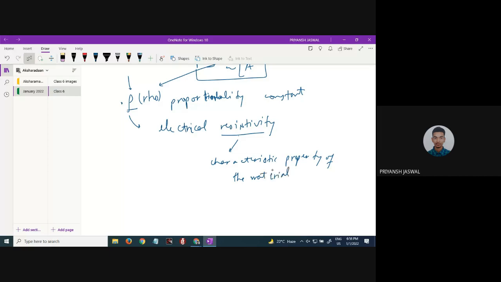That is, it varies with the material. If we take one silver material and one copper material, then they both will have different resistivity. Their resistance might be the same by changing their physical parameters, but their resistivity will always be different for a given temperature.